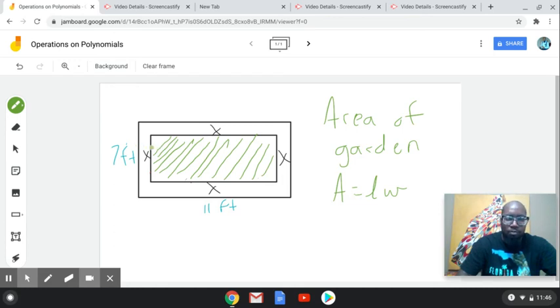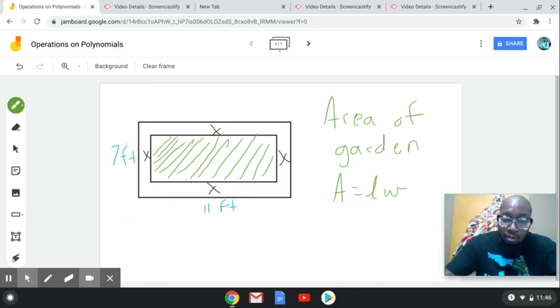The garden doesn't start here, it starts here, and the length from here to here is x. And the garden doesn't end here, it ends here, and the length from here to here is x as well. So I have a measurement of this x and that x that's been taken off from the 7 that includes the length of the actual garden itself.